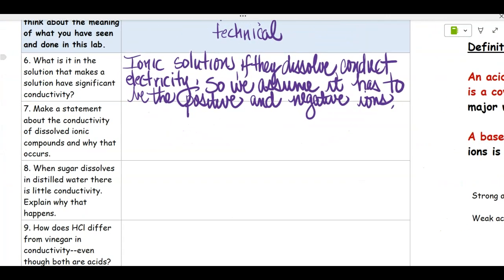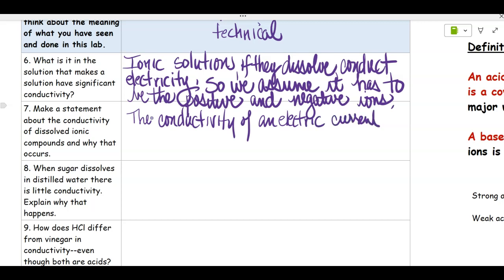Well, in 6, we led right up to that. All right? The conductivity of an electric current depends on movement of positive and negative ions.